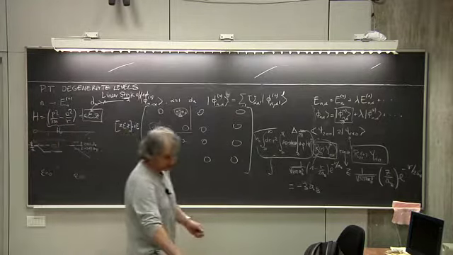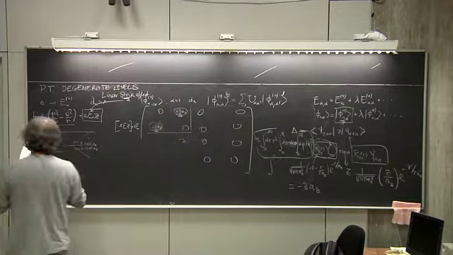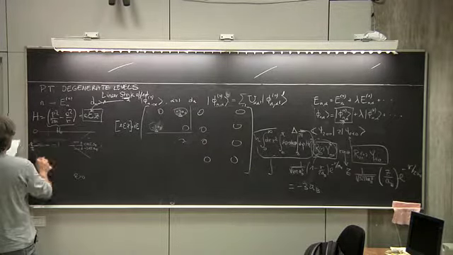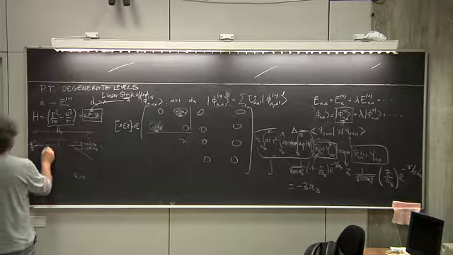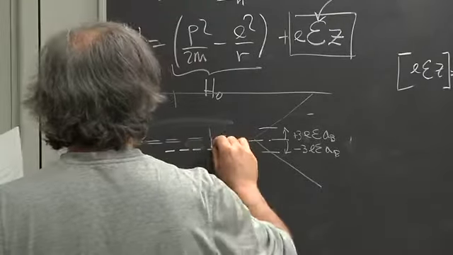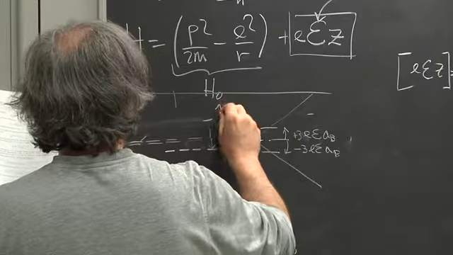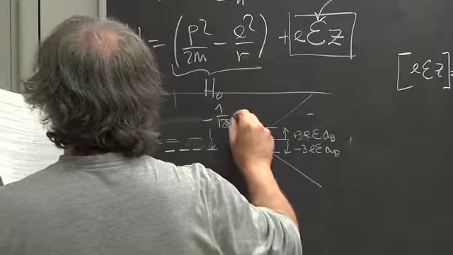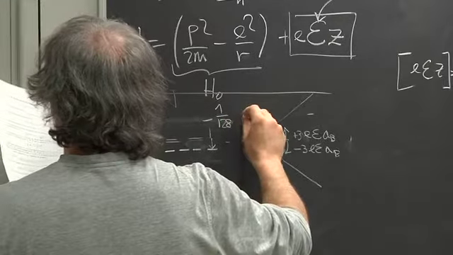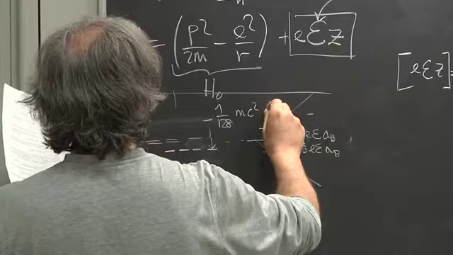But the result would be that you have a multiplet of 4 states that go down by an amount that is minus 1 over 128 mc square alpha to the 4th.